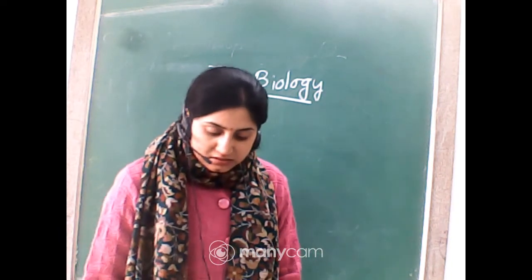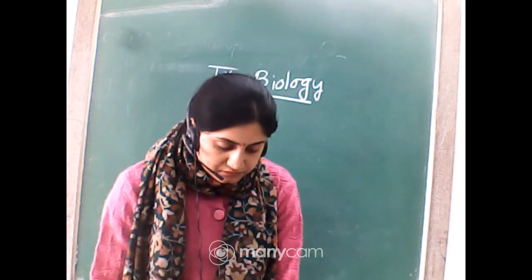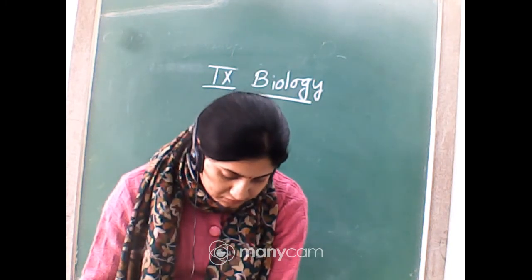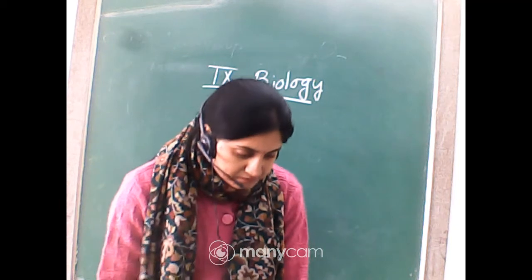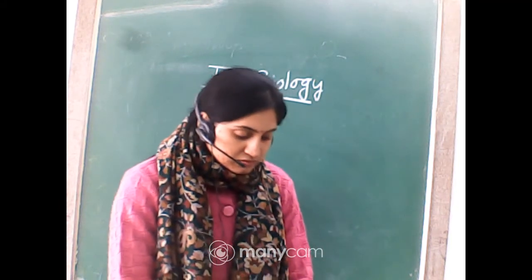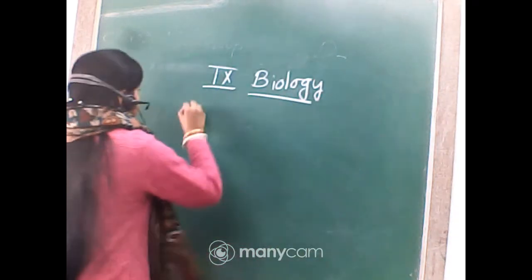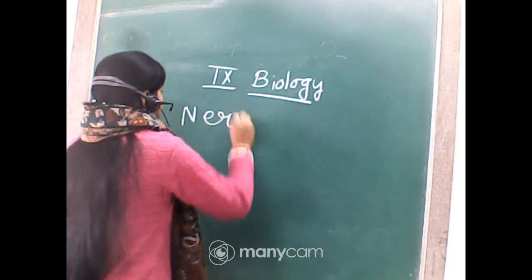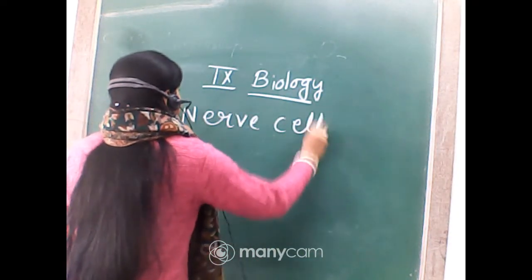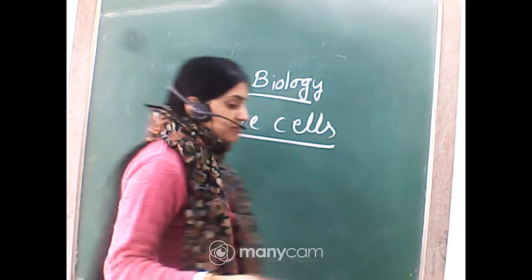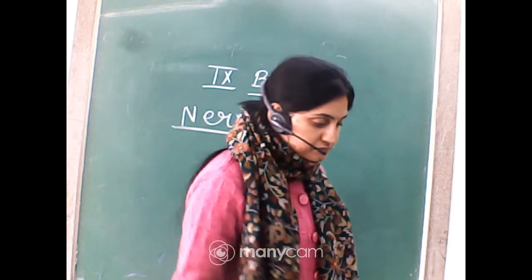Just write down the characteristics of the nerve cell.